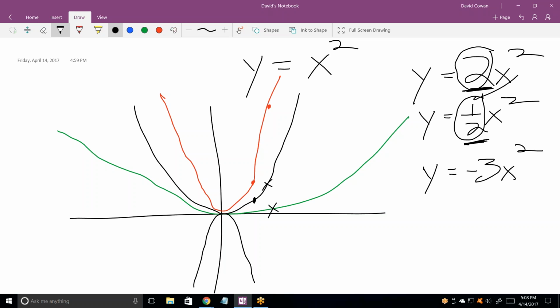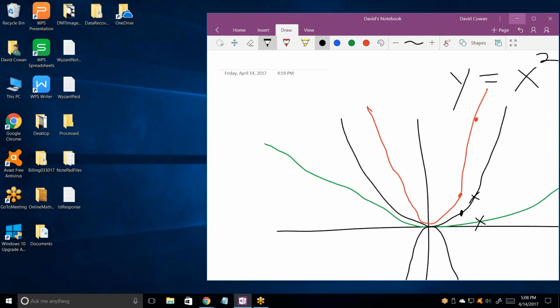It's whether it's between 0 and 1. If it's between 0 and 1, that has a flattening effect. If it's greater than 1, it has a stretching effect. Okay? Now, let's look at our problems here.